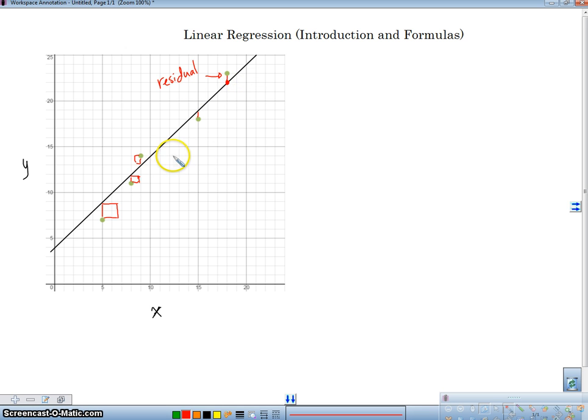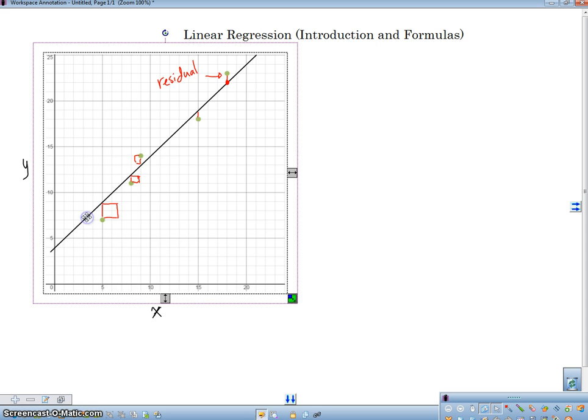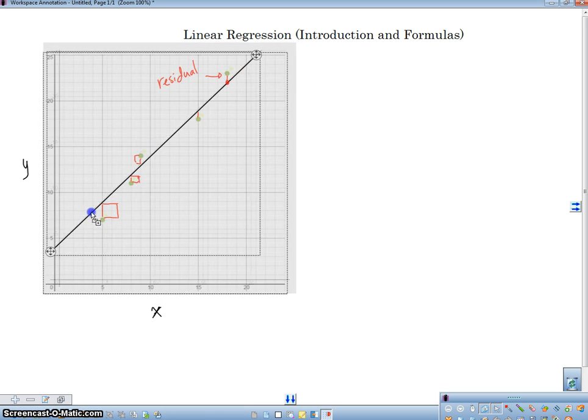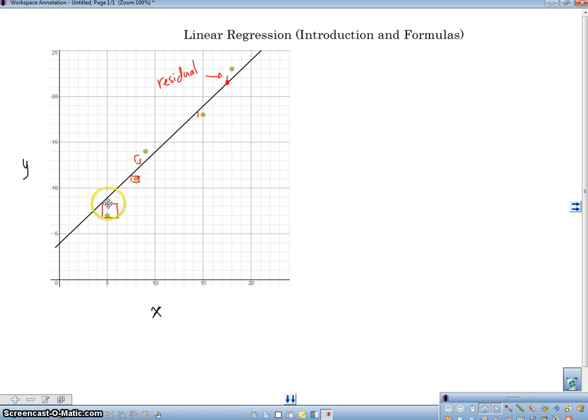Now I'm going to talk about that real quick when we get there, but we want to find the equation of the line. To find that equation, we really have to think about what we are trying to find here in terms of these differences. If you think about the line as being kind of the average, then we're talking about moving this line around so that the average distance, these areas, are minimized.